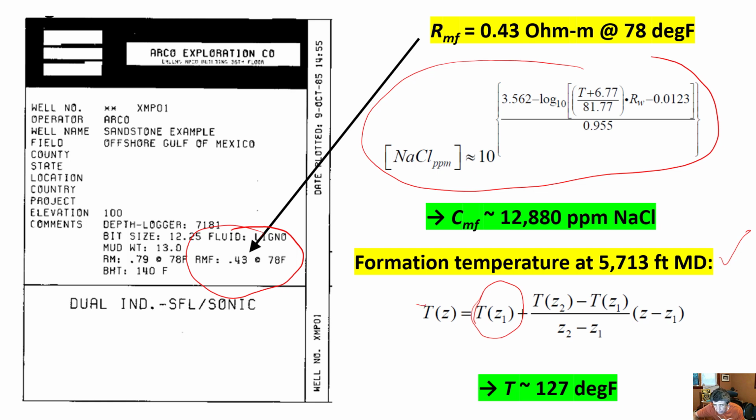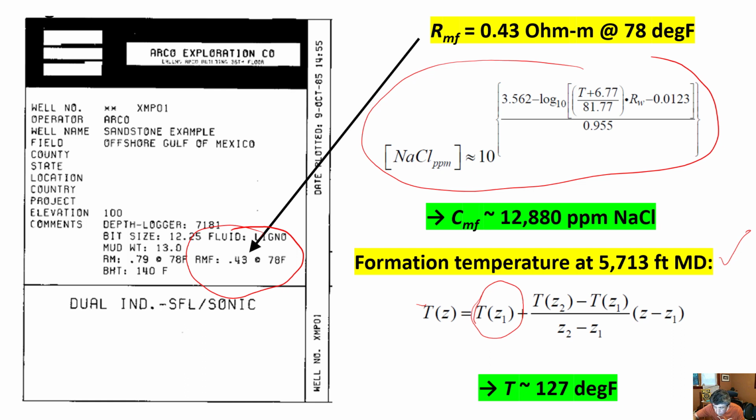In reality, when we calculate this, it has to be an average temperature, not the one that was recorded here. But I'm going to make the assumption again that 78 degrees Fahrenheit in this example is a good representative number for average surface temperature. And I'm going to assume that the KB, the zero depth for the logging, is precisely at the same point where the resistivity of mud filtrate was acquired. This is a very shallow offshore well, so that assumption is not so bad.